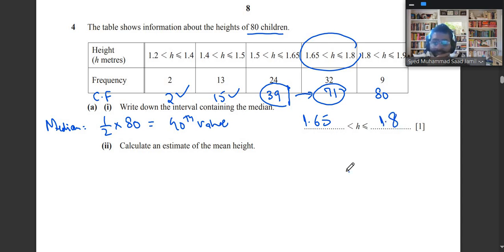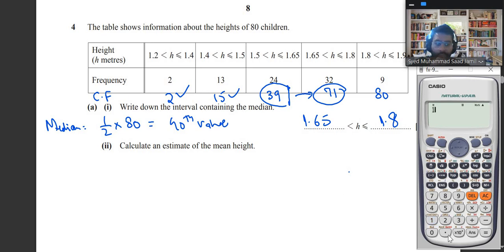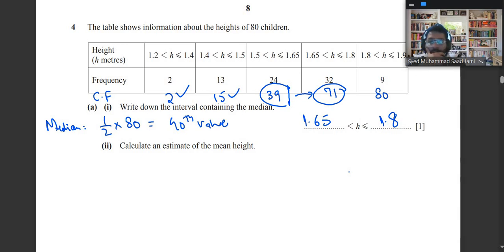Anyways. So this is going to be the interval. Now the next question says calculate an estimate of the mean height. First of all guys, in order to calculate the mean height, we have to find the mid values of the height. So for example, 1.2 plus 1.4 divided by 2 is 1.3. Let me calculate for all of them just like this.